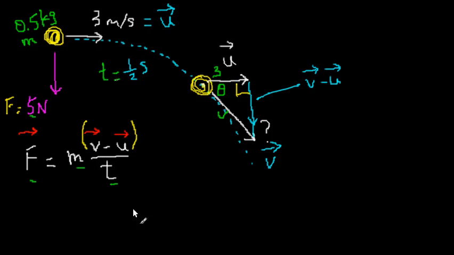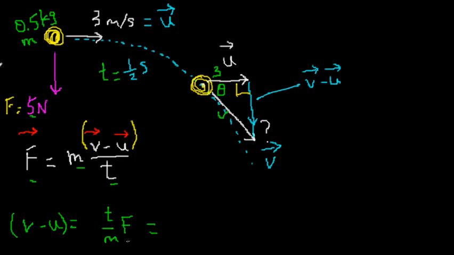if I rearrange this, I'll have v minus u, bringing t and m over to the other side, t over m times F. Now, if I just consider the magnitude, because I've already understood about the direction, that v minus u has the same direction as F, so now I'm just dealing with the magnitude.